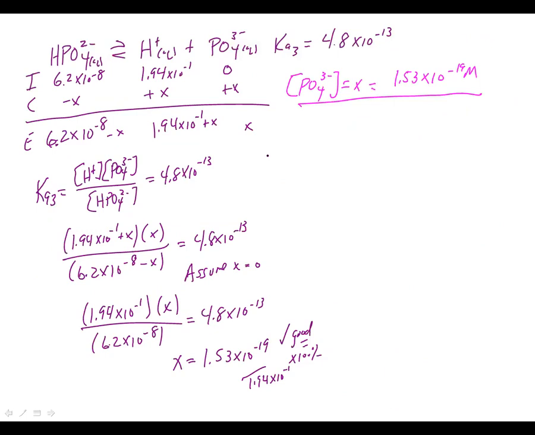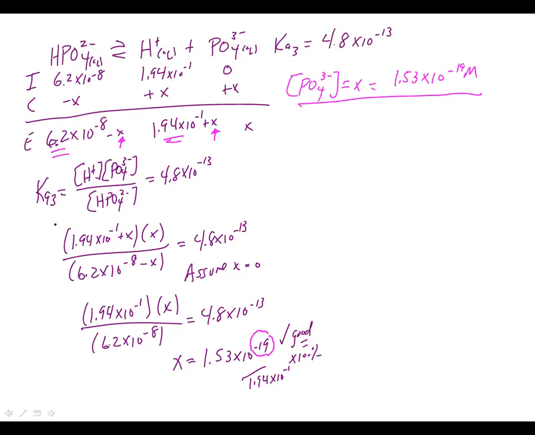Same deal as what we had last time. When you put this x value back into here and back into here, because it is so small, these numbers still do not change, and they basically remain the same.